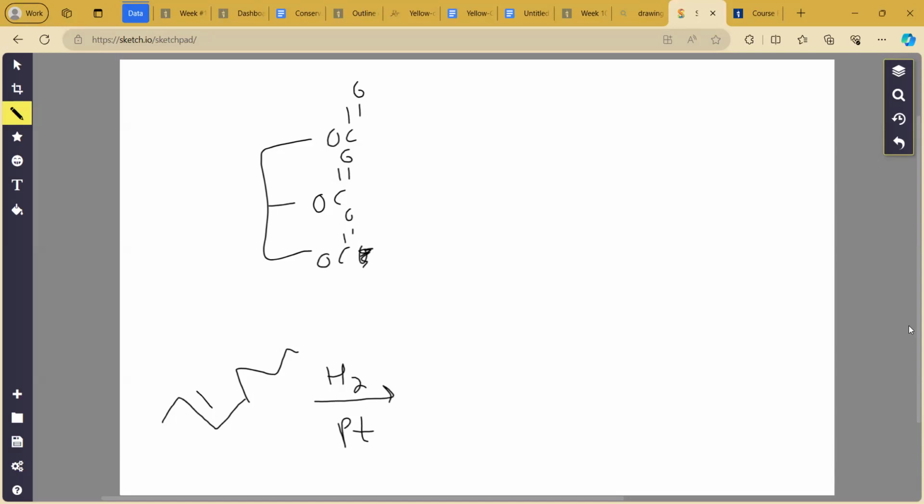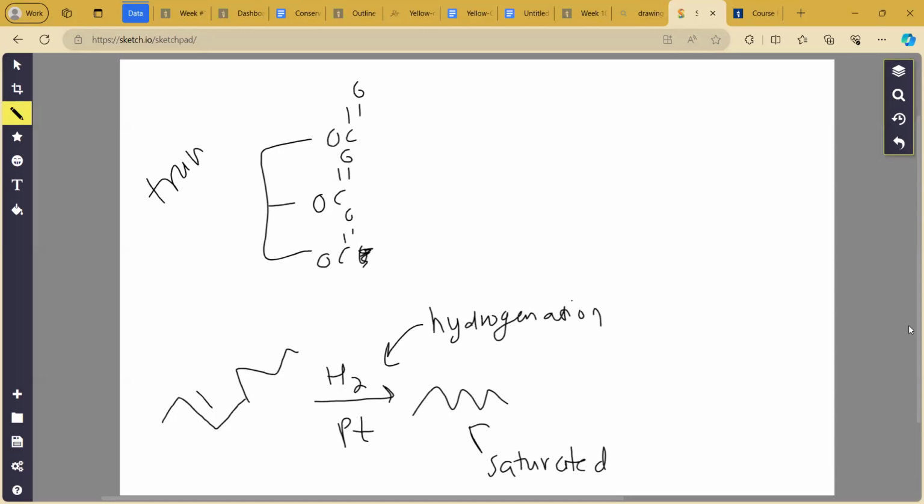And so they did this through hydrogenation, which saturated, right? It made the double bonds saturated. But what some of that did when they were being hydrogenated was create these trans double bonds.